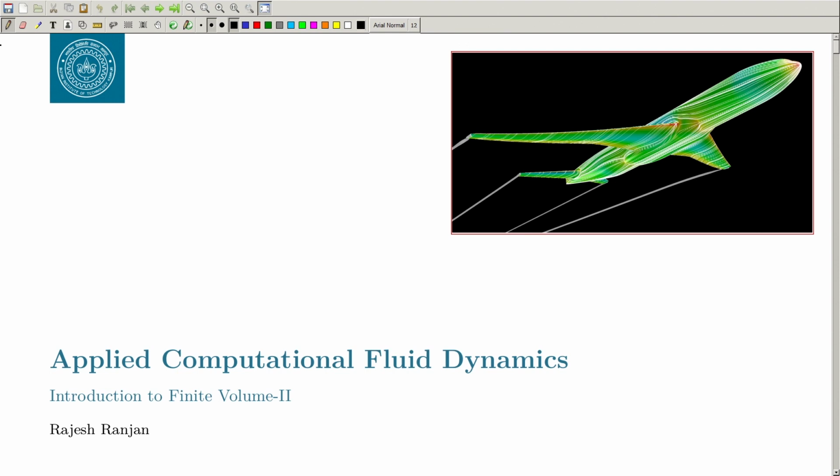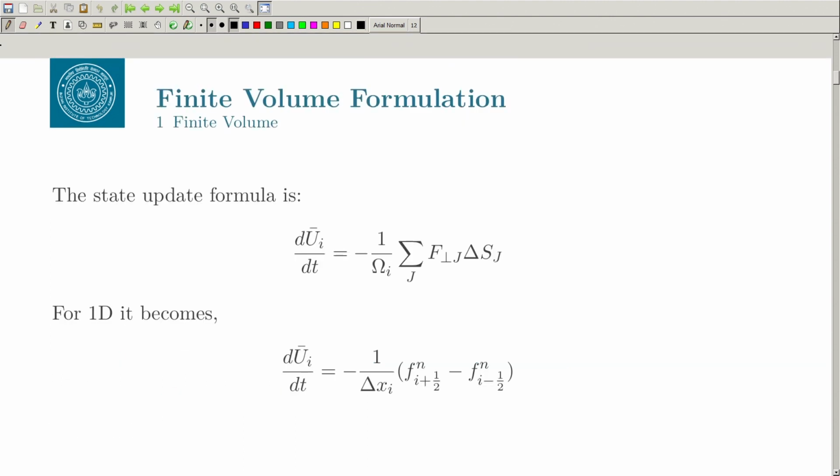So, what we saw is that when you use the integral form of the equation, we get our state update formula, which is like an ODE, where on the right hand side you will be calculating the fluxes, and on the left hand side you can use your favorite time scheme.